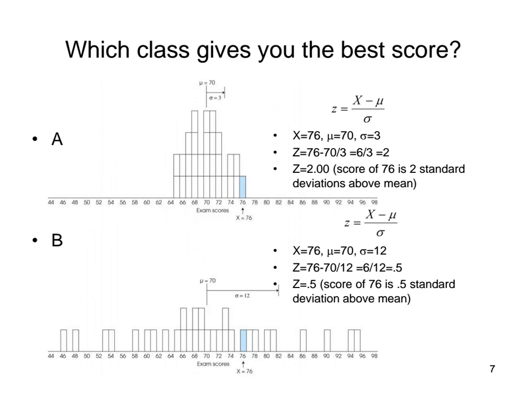Okay, so what we have here is essentially z equals our score minus our mu over our standard deviation. So in this particular case, we see that our distribution for problem A, all of our scores are relatively close together.